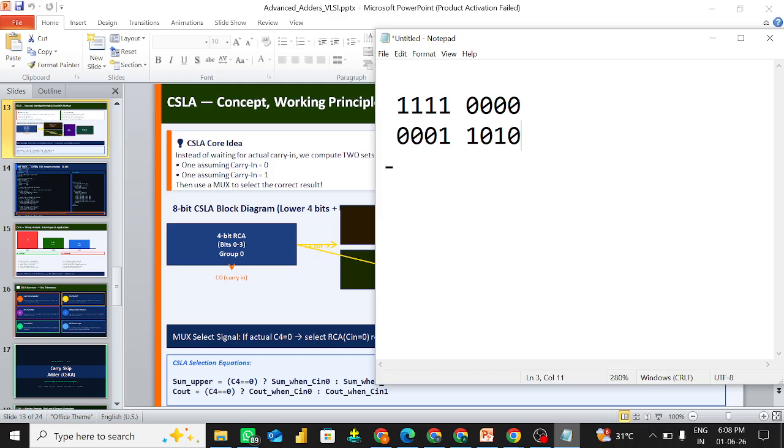So think here, suppose you have split your 8 bits into upper 4 and lower 4. Wait, I will explain with a good example.